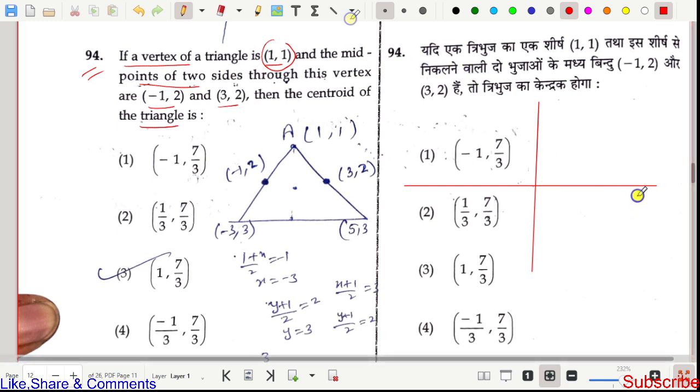Suppose this is the x-axis and this is the y-axis we have drawn here. One vertex is at (1, 1).